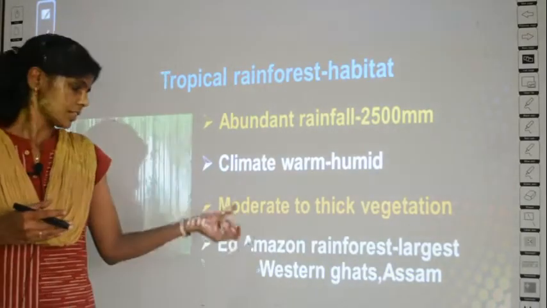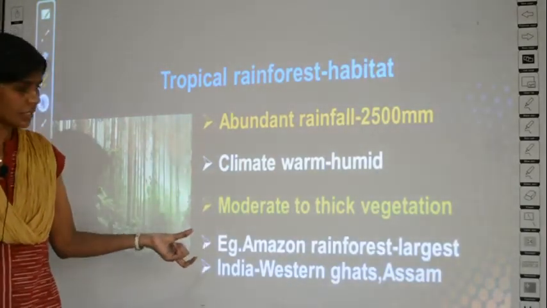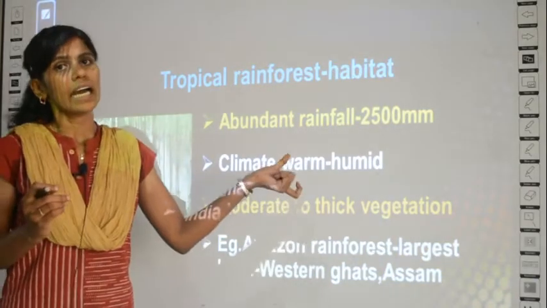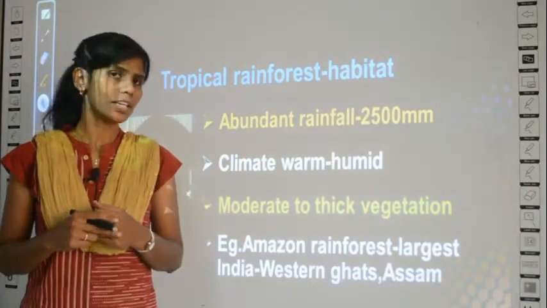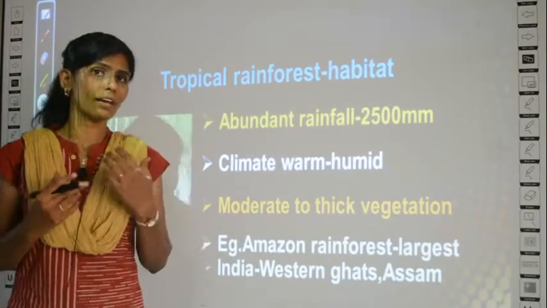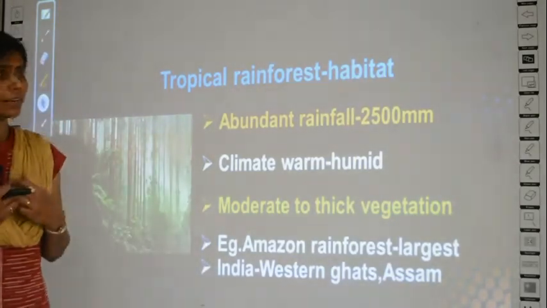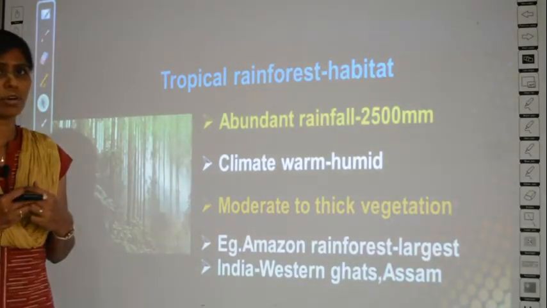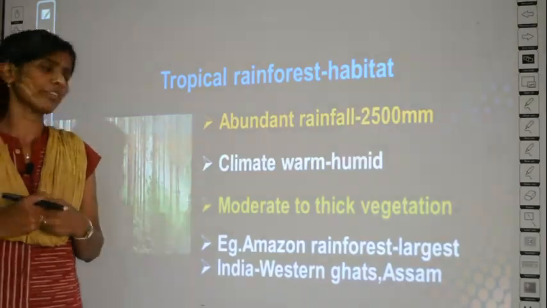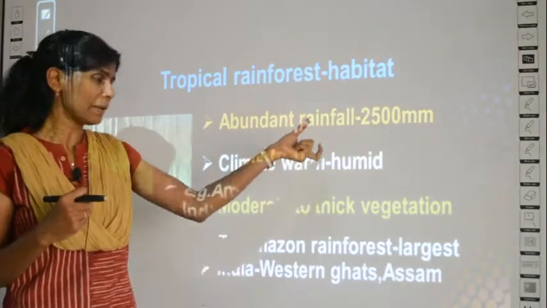Okay, so where can you find tropical rainforest in India? Western Ghats and Assam. So what have we studied about the tropical rainforest? Tropical rainforests get so much rainfall, like 2500 millimeter rainfall.